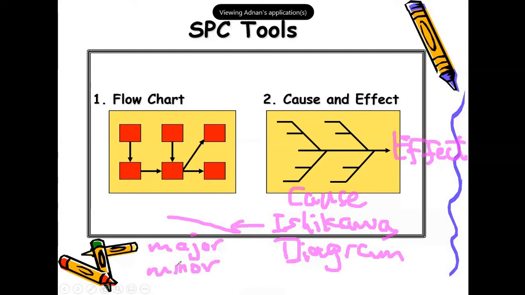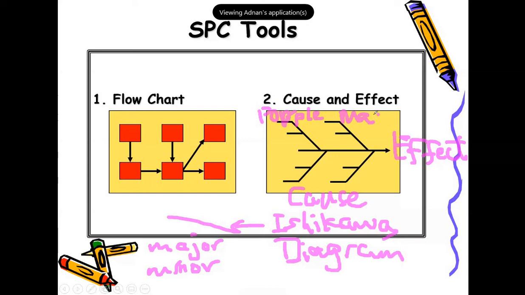For example, you may have the problem of people. What is the effect? Maybe high defects, a high rejection rate because of people or workers. You may also have a category, maybe machine.